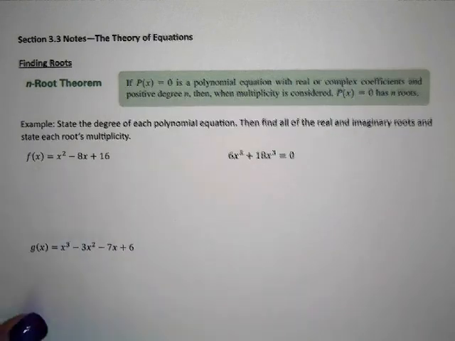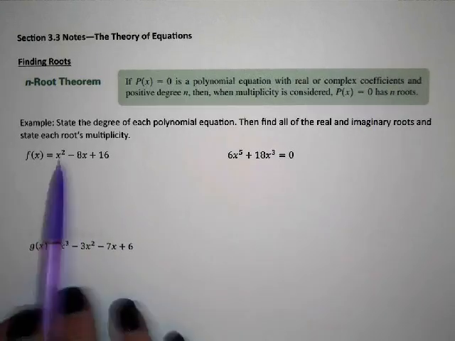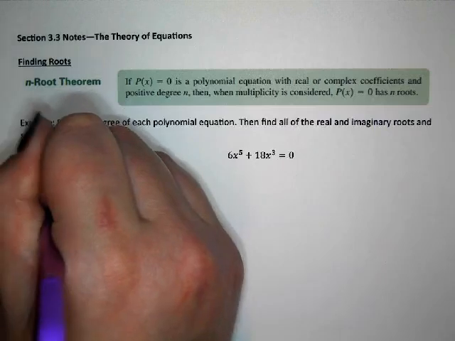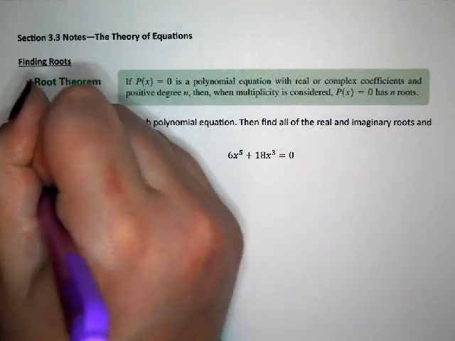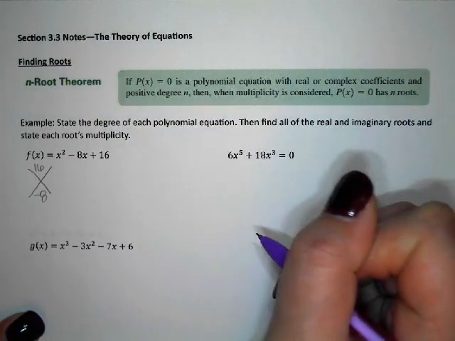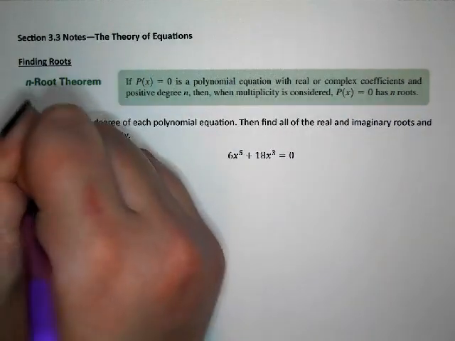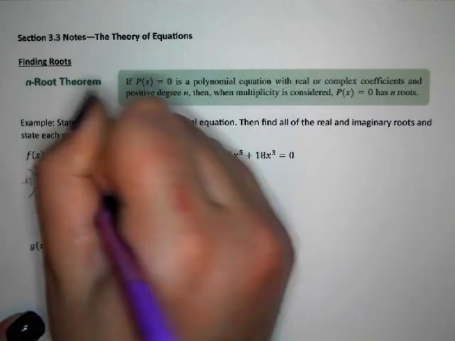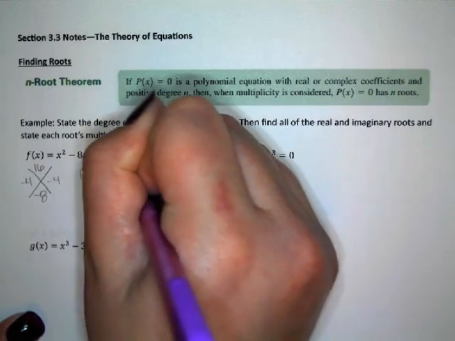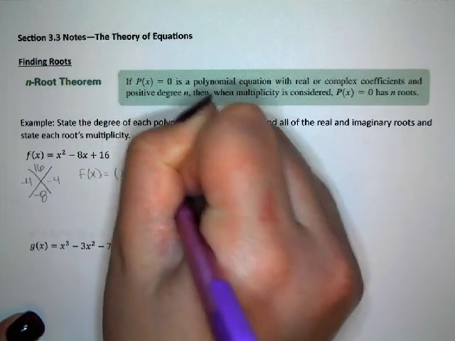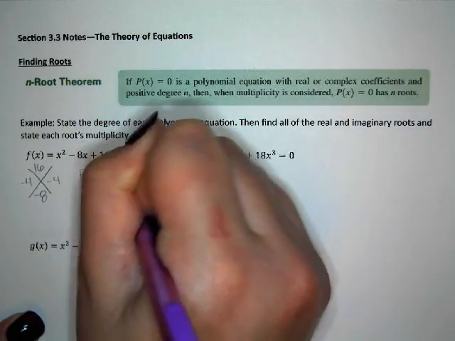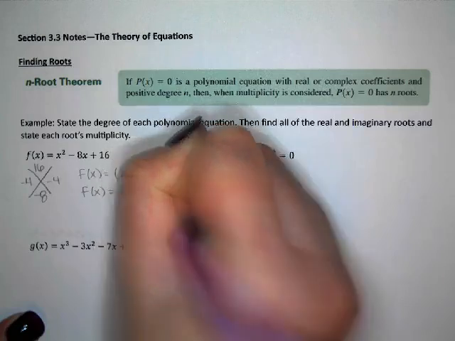Right, so this first one is a quadratic that we can factor, so that's what we're going to do here to find the roots or the x-intercepts. We're looking for 2 numbers that multiply to 16 and add to -8, and the 2 numbers that do that are -4 and -4. So in factored form, this is x minus 4 times x minus 4, or x minus 4 squared.